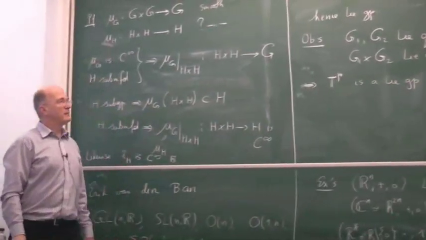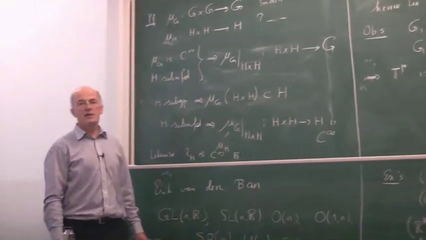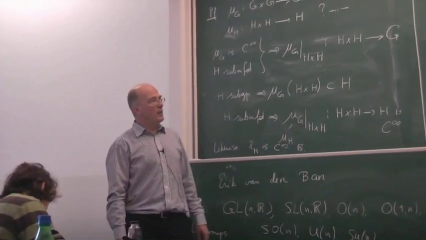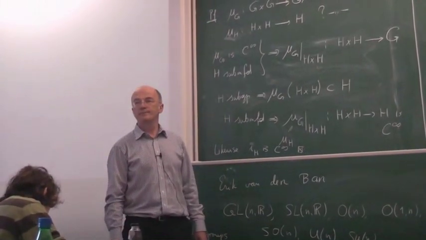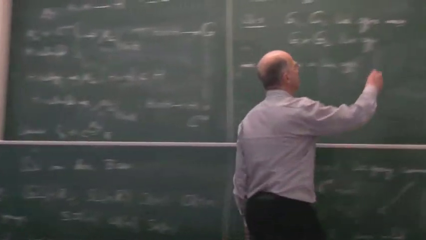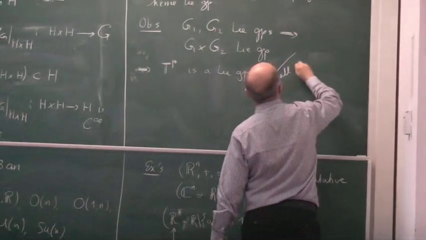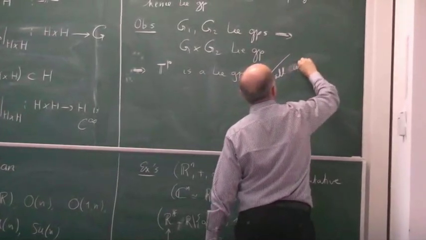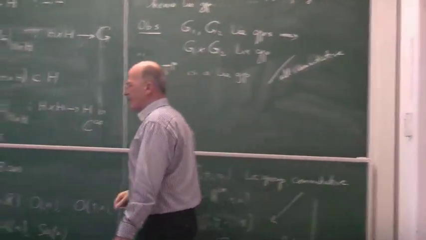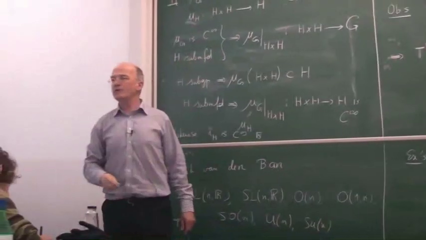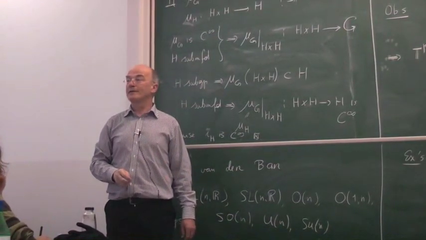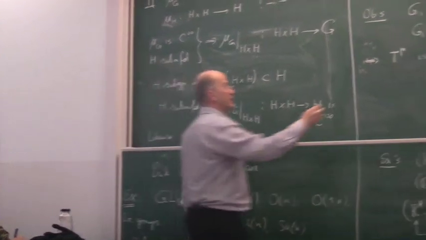So the Cartesian product of p copies of the circle with itself, viewed as a group and as a manifold, is a Lie group. Now all these Lie groups are commutative, sorry. And so you may wonder, is it possible to say anything about the collection of commutative Lie groups? And indeed it is, and this is the following theorem.